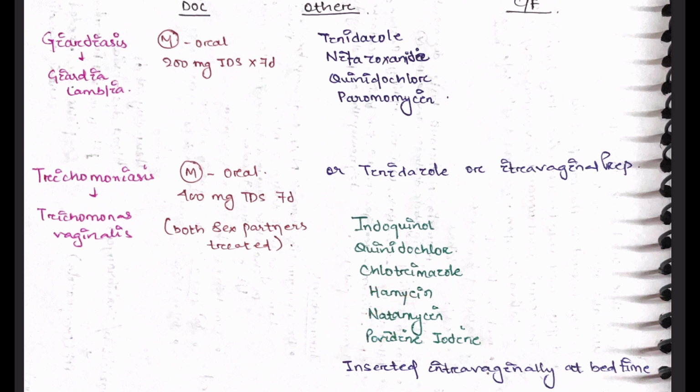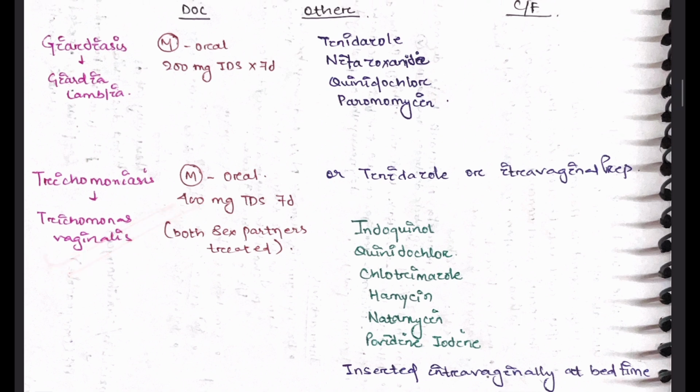These are used for different durations, like 1 to 2 weeks or 3 to 4 weeks. That's not important for now. How are they used? They are inserted intravaginally at night, at bedtime. So this is how the intravaginal preparations are used in case of Trichomonas vaginalis.